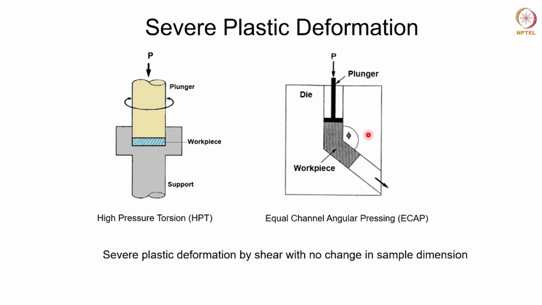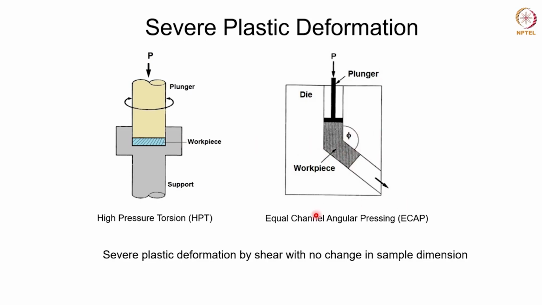Similarly, there is a process called equal channel angular pressing, or ECAP in short, that also leads to a very large strain into the material and deforms it severely, leading to grain refinement. All these things are done on a solid billet.